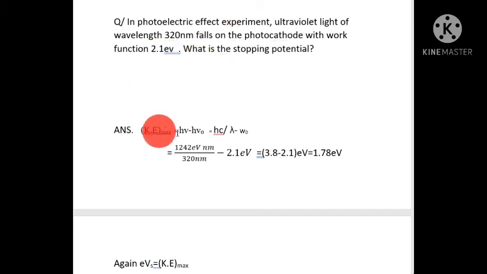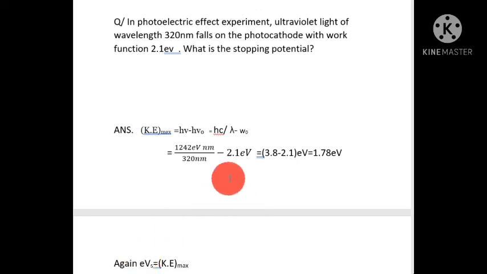We put the answer. Kinetic energy is equal to h mu minus h mu naught. This h mu naught is the work function which is given in the question, and this mu we convert to c by lambda because lambda is given. We have to find the kinetic energy first, then later we equate this kinetic energy with the stopping potential multiplied by the charge of electron.